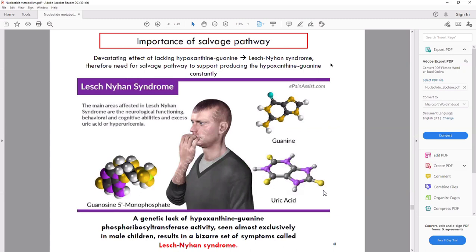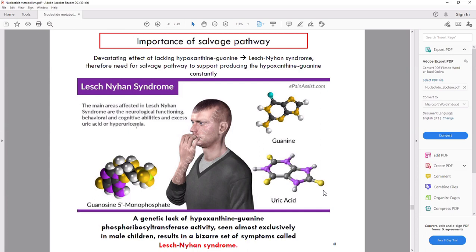Because the lack of this enzyme can lead to a syndrome named Lesch-Nyhan syndrome. This syndrome leads to dysfunction of your neural system. When your neural system is not functioning, it is going to reflect in your behavior, cognitive abilities, and also the excess of uric acid, or hyperuricemia.